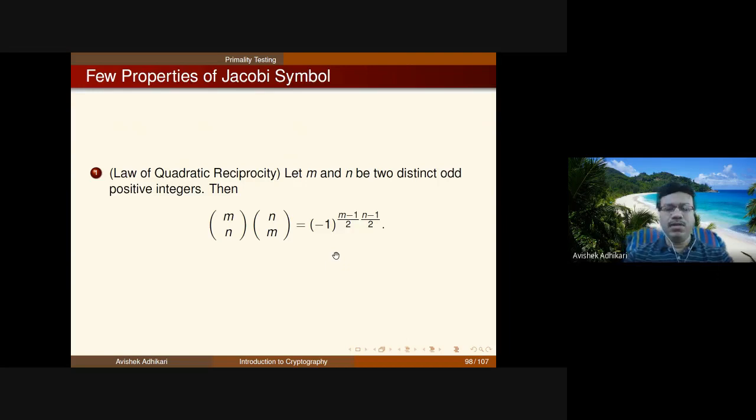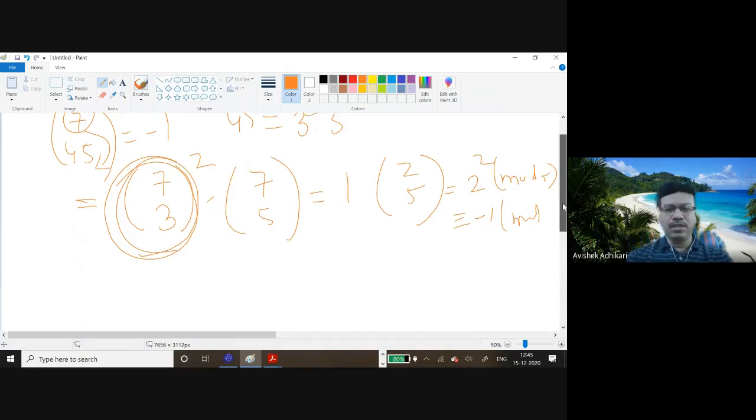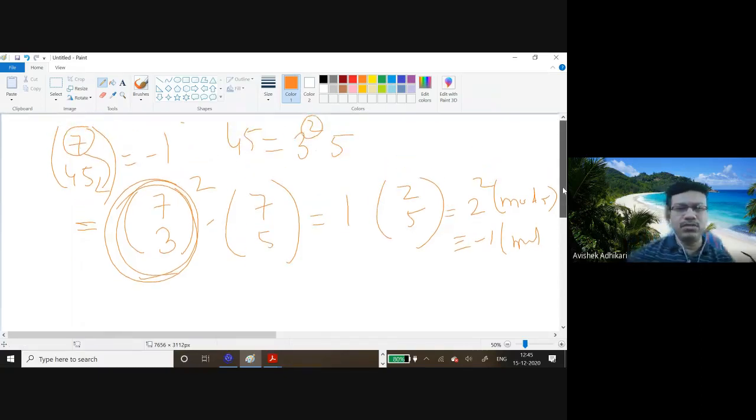Now if I ask you to do any of the bigger numbers, then you can very easily convert the bigger number into a smaller number by using the law of quadratic reciprocity, when you find that their factorization is achievable. Now see that here we do it like this. Can you, using the law of quadratic reciprocity, convert?